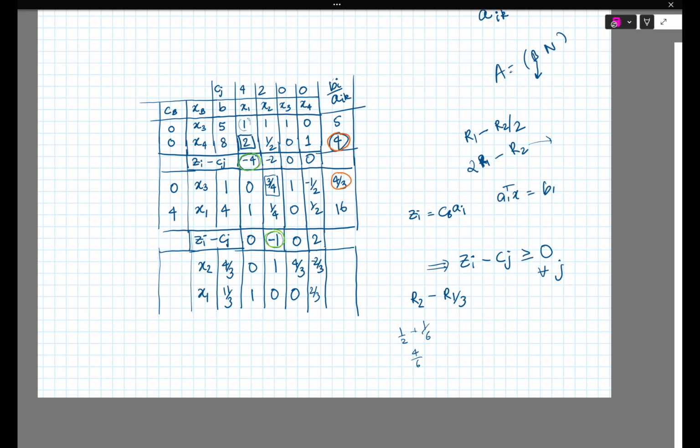Now I need to look at zi minus cj. So this will be 4 minus 4, 0, 2 minus 2, 0, by 3, by 3 minus 4 by 3 is 4 by 3.